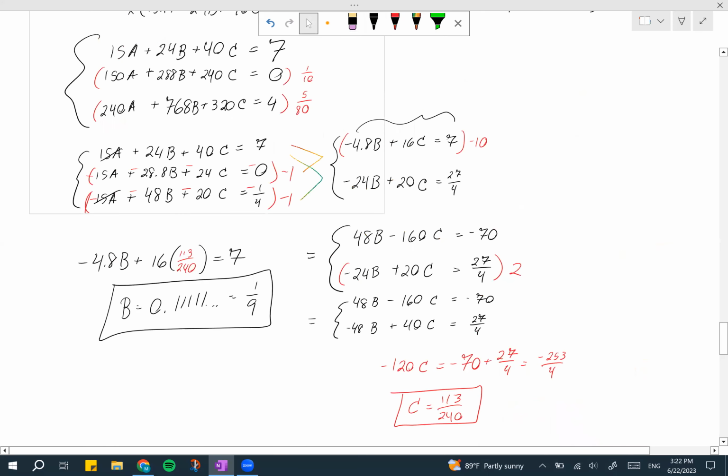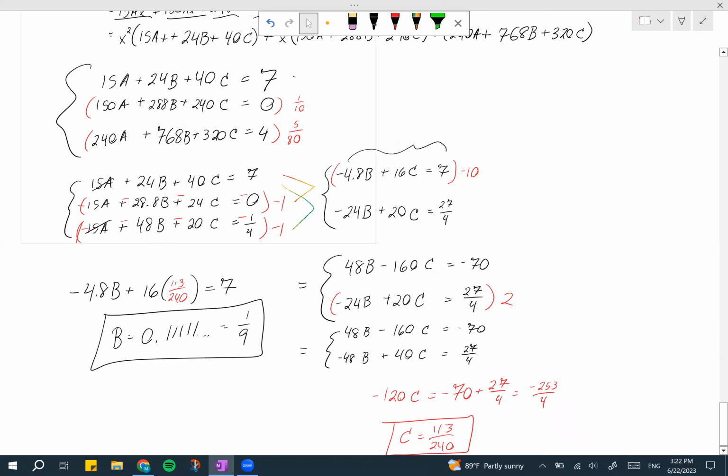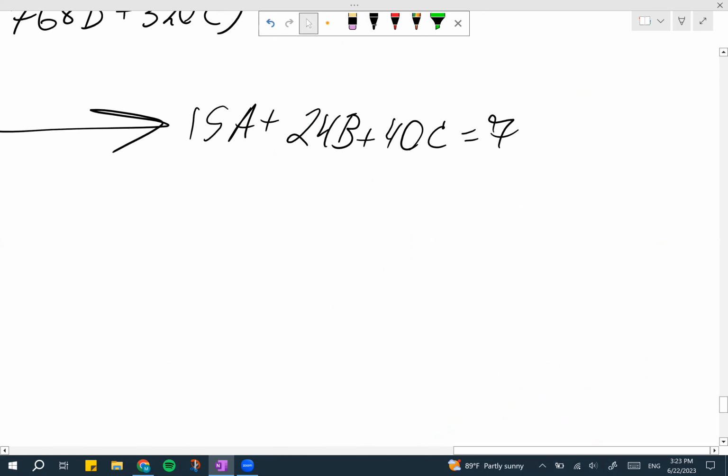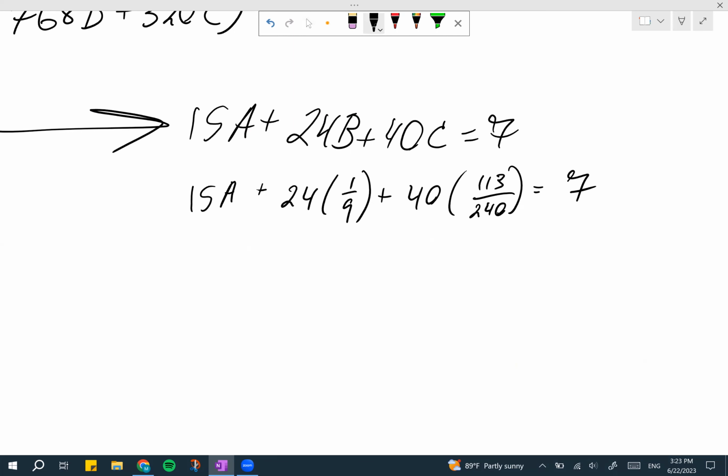We're almost done. Okay. So I'm going to use this expression right here. I'm going to bring it over here. 15a plus 24b plus 40c equals 7. 15a plus 24 times 1/9 plus 40 times 113 over 240 is equal to 7. All right.